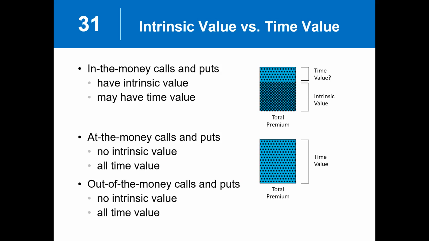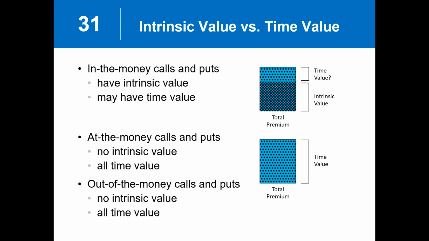At the money calls and puts, as well as out of the money calls and puts, have no intrinsic value because they're not in the money. So they will not have the in the money or intrinsic value, but they will have value, and all of that is time value.